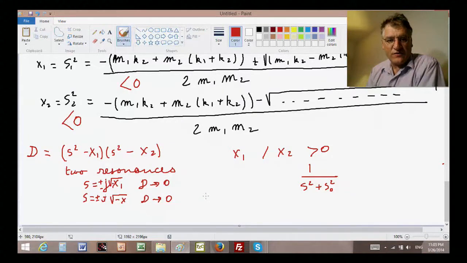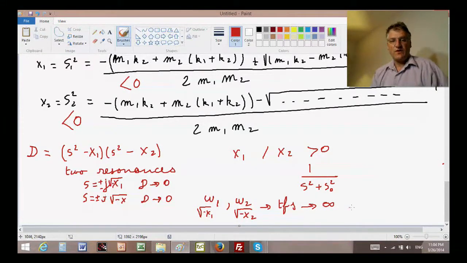So at those frequencies omega 1, omega 2, equal to square root of minus x1 and square root of minus x2, the transfer functions go to infinity, which is characteristic of resonances.